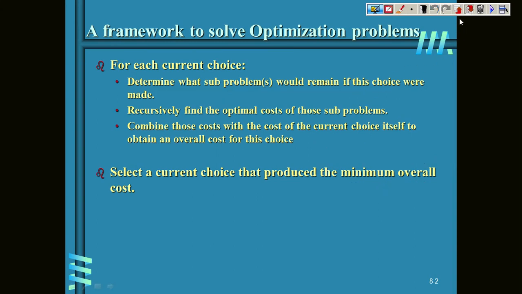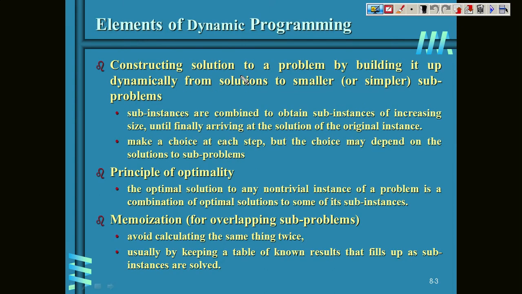So let's move to the next part. Let us look at some elements of dynamic programming, or you can say the approach of solving a problem. Constructing a solution to a problem by building it up dynamically from solutions to smaller subproblems. Dynamic programming is basically a bottom-up approach.